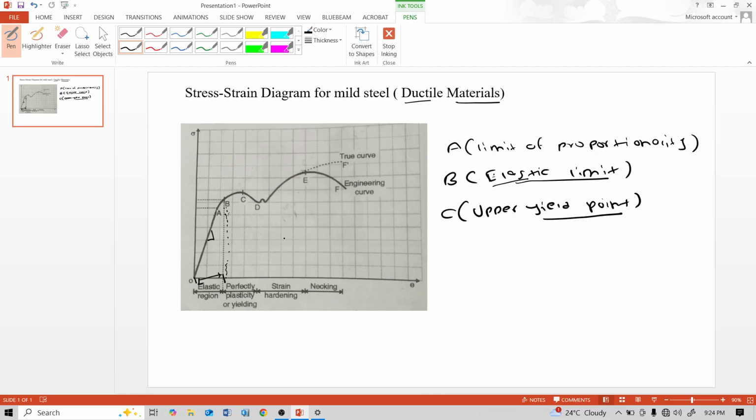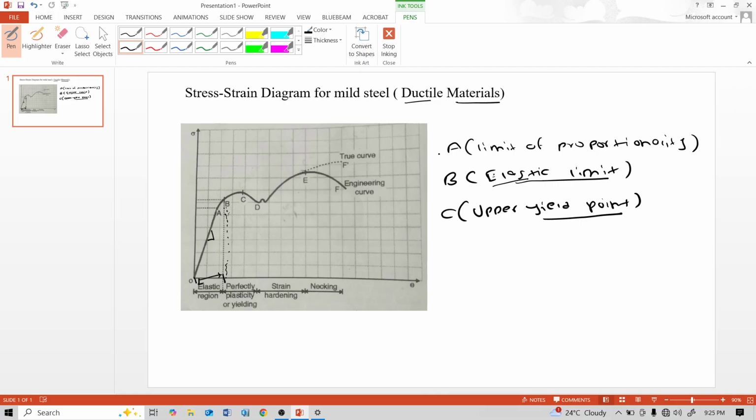When the load is further increased after the elastic limit B, plastic deformation occurs. That means on removal of the load, the strain is not fully recoverable.